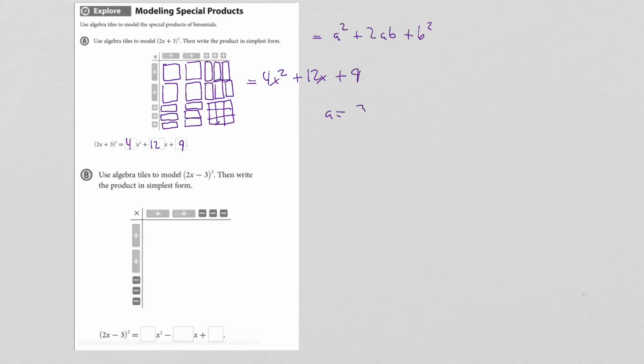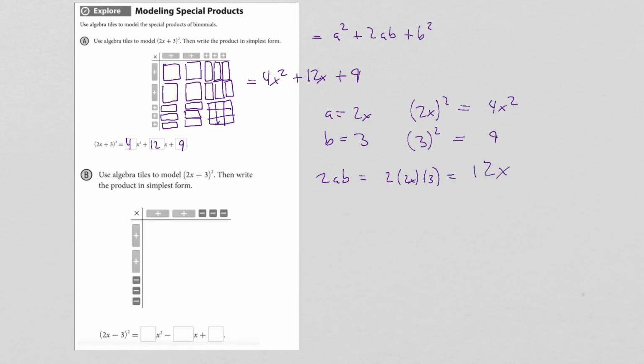A was 2x. And what's b? B was 3. Well, what's 2x squared? And what's 3 squared? And then what's 2 times a times b? 4x squared, 9, and this is 2 times 2x times 3, 12x. So here you can see how the formula and the algebra tiles all get us to the same place.